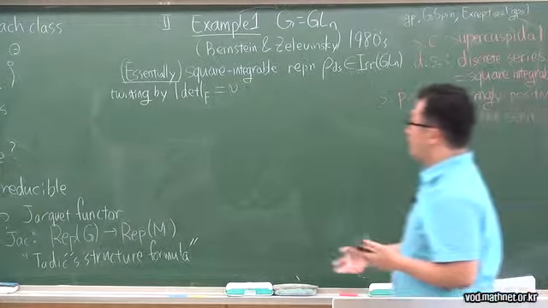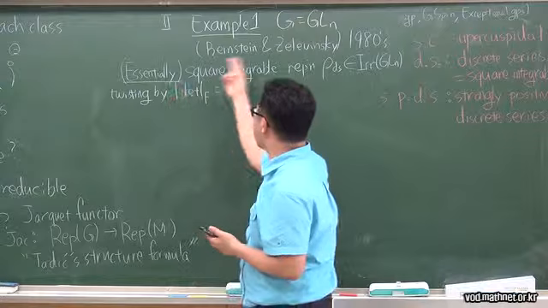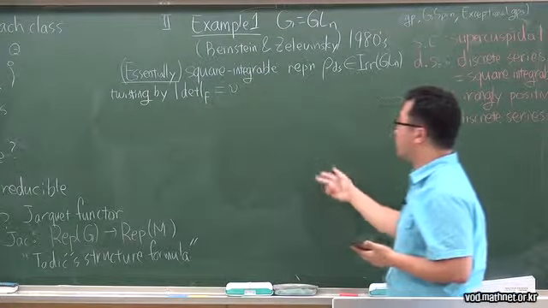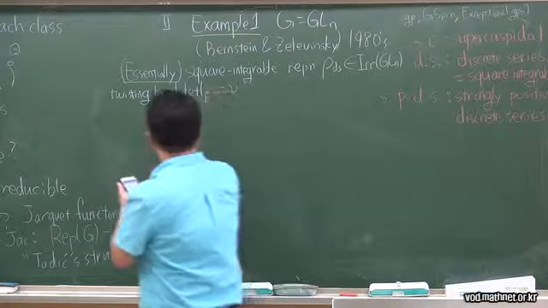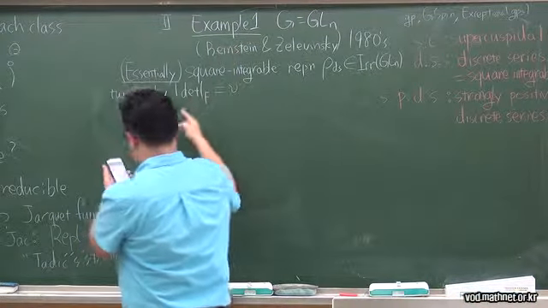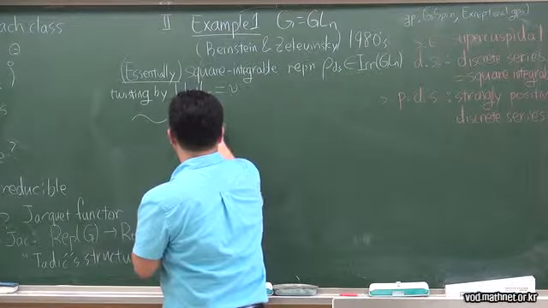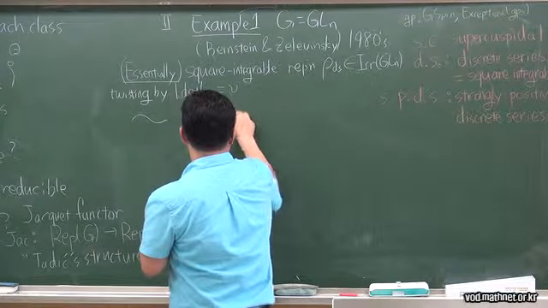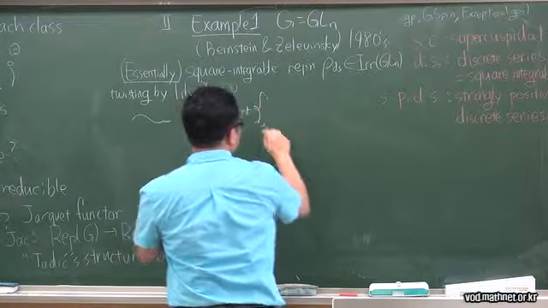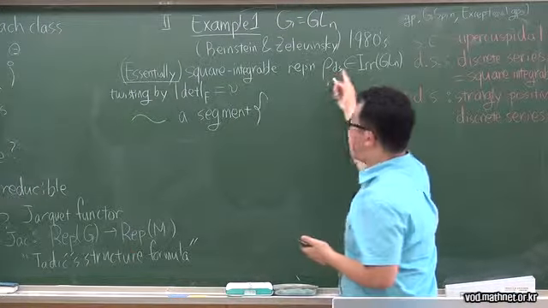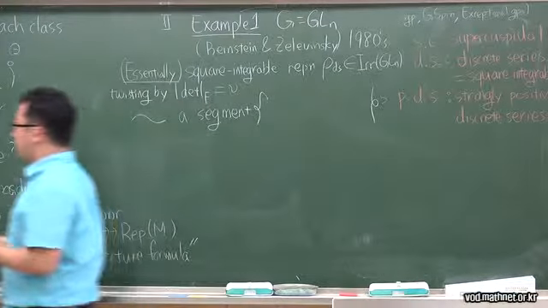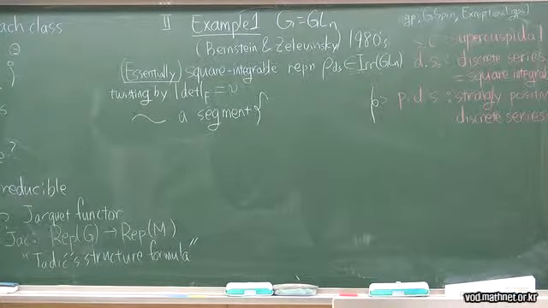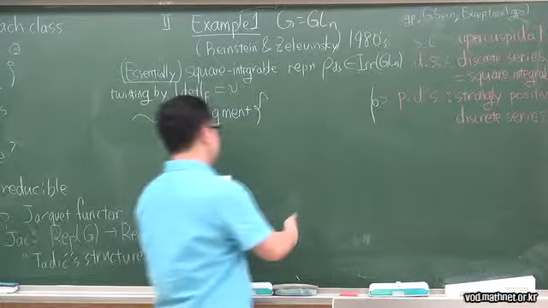This will tell you the unitarity of the square integrable representations. That means if we don't have any twisting, these square integrable representations are, by definition, also unitary, unitarizable representations. And this is classified by Bernstein-Zelevinsky, the so-called segment. The classification of discrete series is given by the first class, the supercuspidal representations.